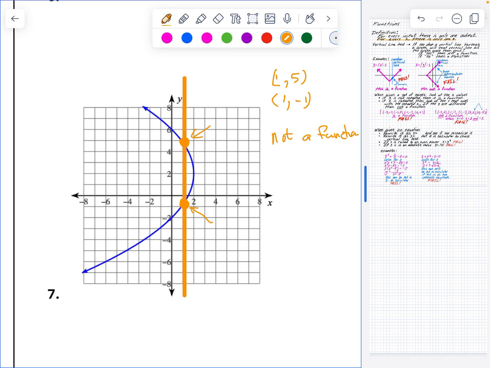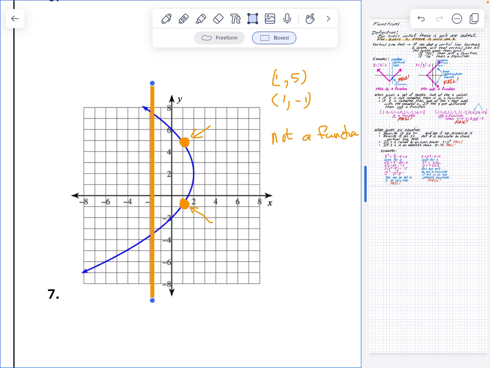If I continue to move that line, if I move it over here, that line will intersect the graph in two places. It will intersect it right here, and it will intersect it right here. That would be when x is -2, y is 7 7/8.